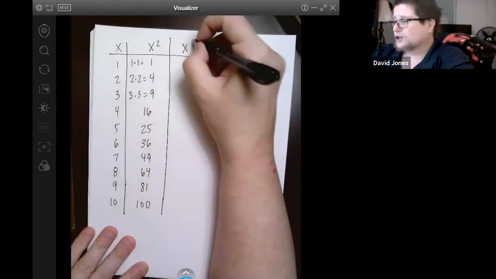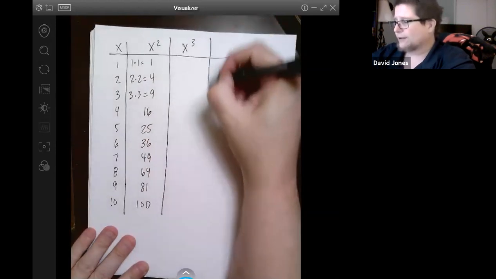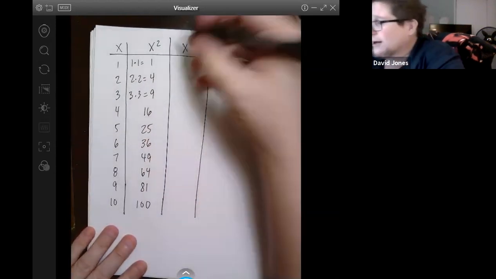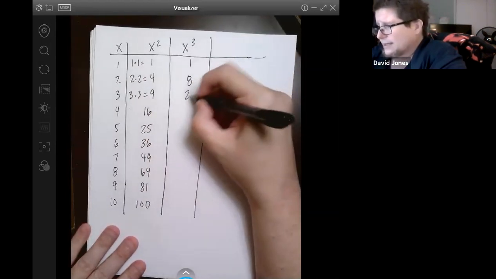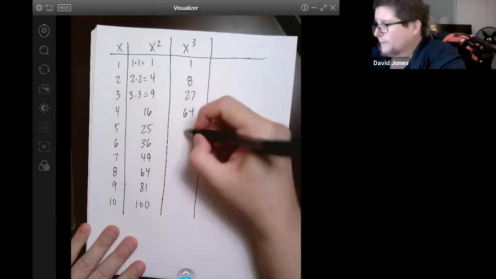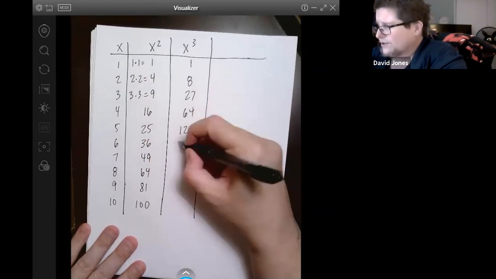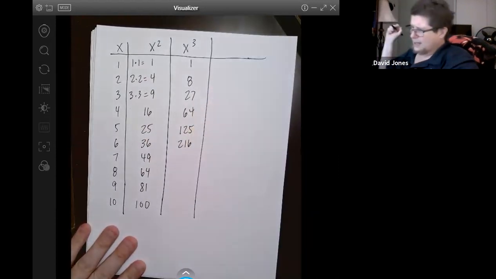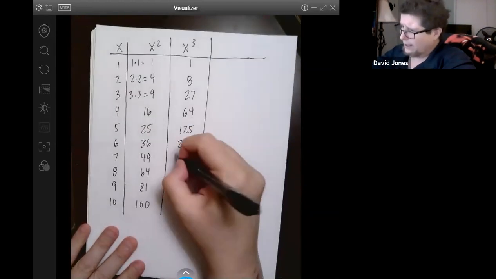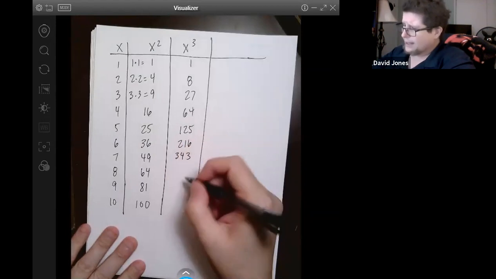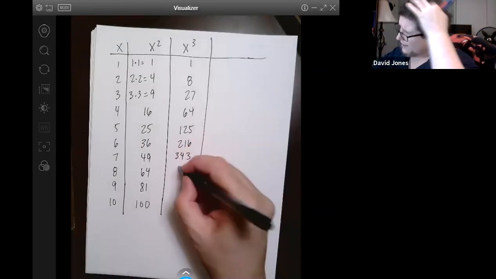We could look at x cubed. These ones are often handy to have memorized. 8, 27, 64, 125, 216, 343. 8 times 64, I want to say is 512.